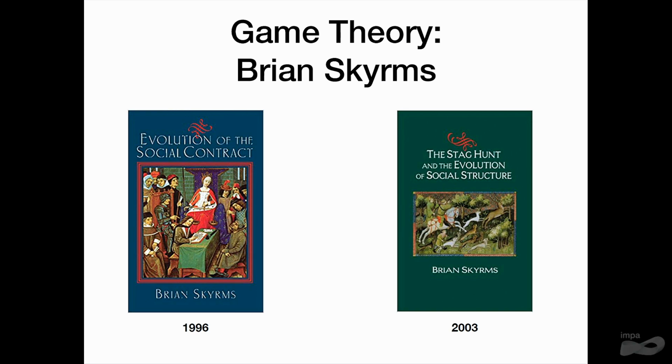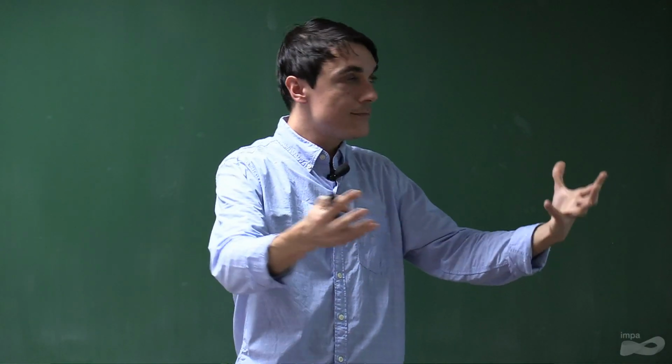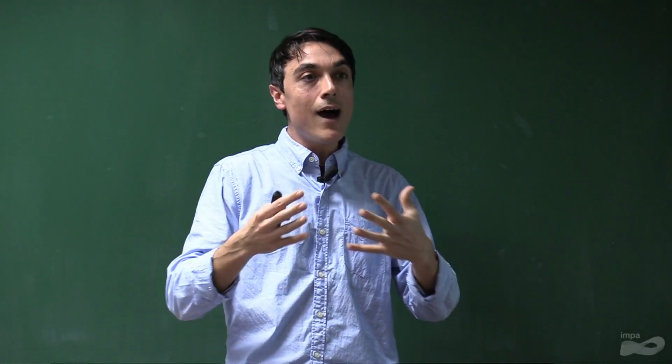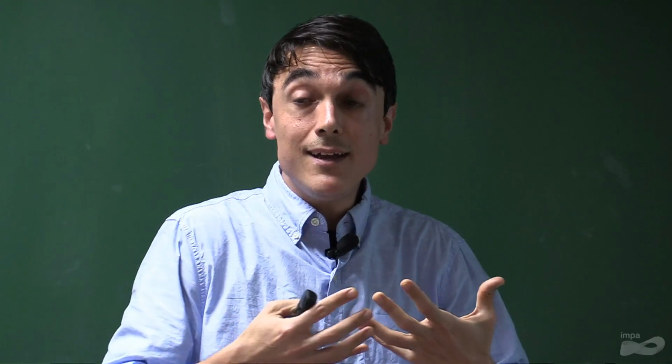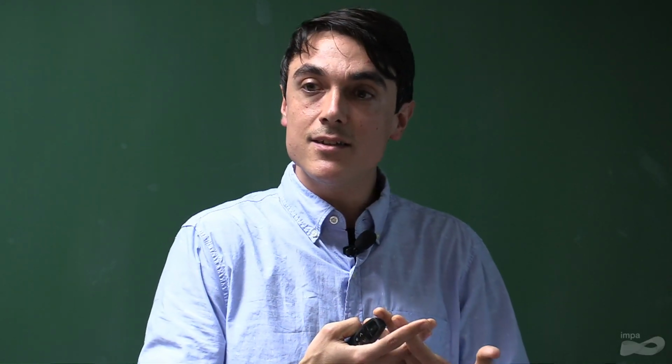A little bit later, another philosopher, Brian Skyrms, wrote these two books, Evolution of the Social Contract and The Stag Hunt and the Evolution of Social Structure, using game theory, using coordination games to talk about how things are and why they are the way they are and why we can cooperate sometimes, why there is justice.